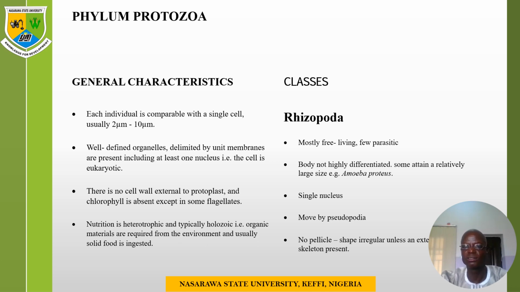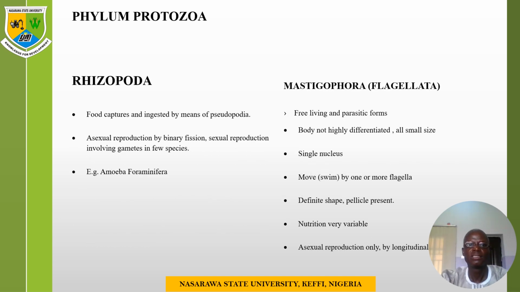They have no pellicle, and the shape is irregular, except where an external skeleton is present. The food captured is ingested by means of pseudopodia. Asexual reproduction is by binary fission, and sexual reproduction involving gametes occurs in few species. Examples of this class are amoeba and foraminifera.